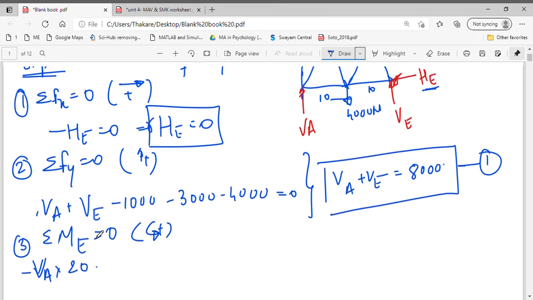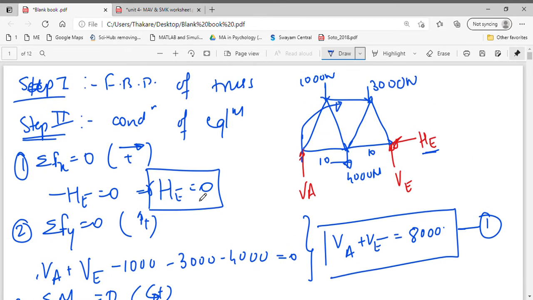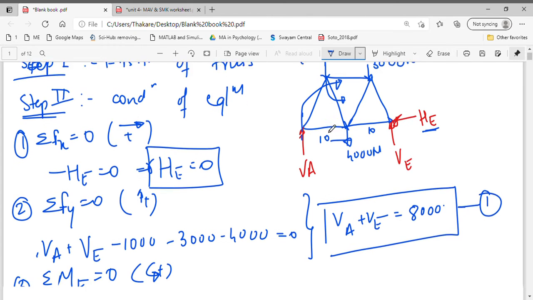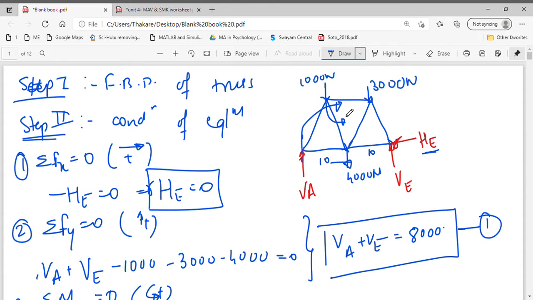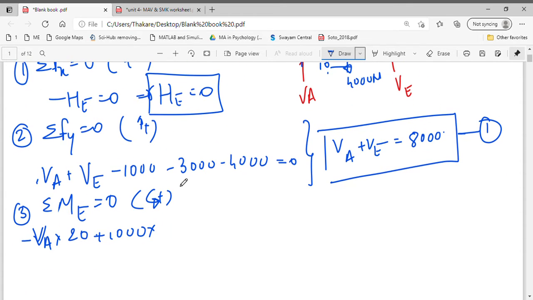Then you have the 1000 Newton load. That 1000 Newton load is going in the anti-clockwise direction, so that will be positive 1000 into the perpendicular distance. This is an equilateral triangle, so this is 5 and this is 10, which will be 15 meters.